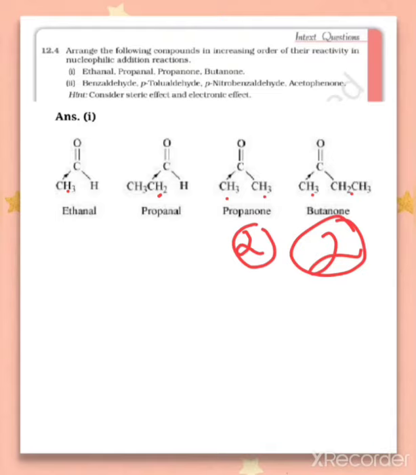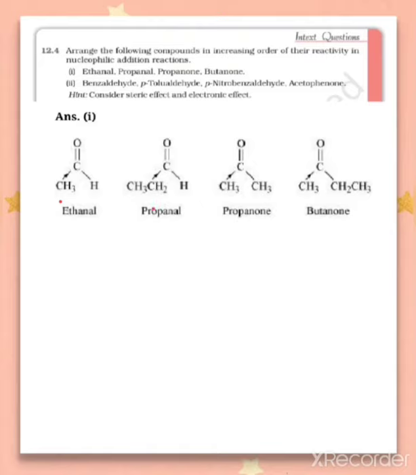decreases. So when you compare these two, that is ethanal and propanal, both are aldehydes. So in this case, both have only one alkyl group, but this has a bulkier size alkyl group.